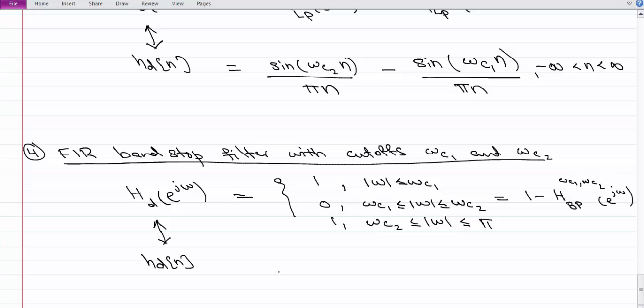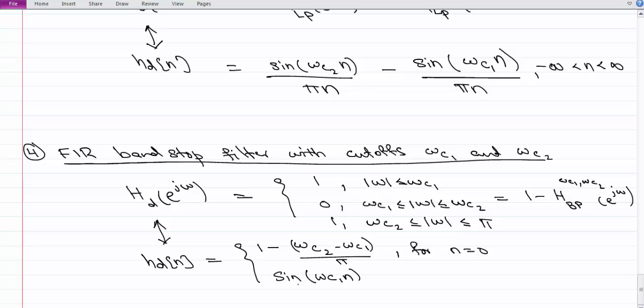We already saw the impulse response of that, so all we have to do is just plug in the values, and what we get is, because the Fourier transform of 1 is delta[n], we get (omega C2 minus omega C1) over pi for n equal to 0, and for n not equal to 0 we simply have a negative sign, so the order of the sines gets changed.